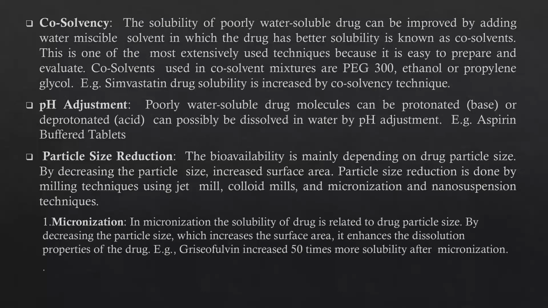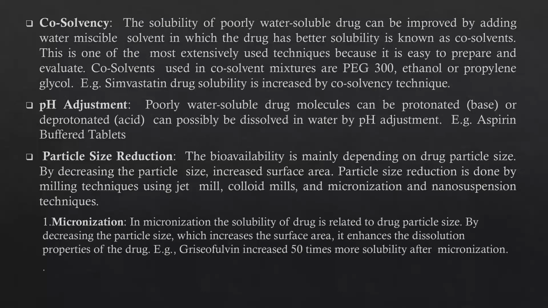Particle size reduction is done by milling procedures or other size reduction techniques, especially using jet mills, colloidal mills, micronization, or nanosuspension techniques. In micronization, the solubility of the drug is related to the particle size.